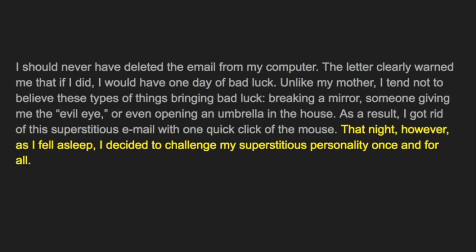Let's have a look at a different thesis statement. So we have exactly the same introduction, so nicely funneling in. That night, however, as I fell asleep, I decided to challenge my superstitious personality once and for all. So he said that, usually he doesn't believe in this kind of thing.